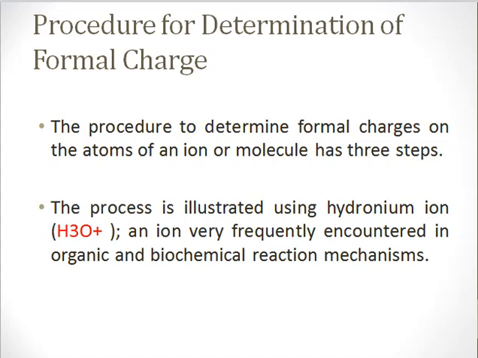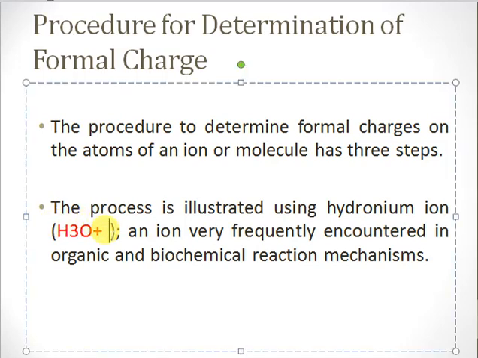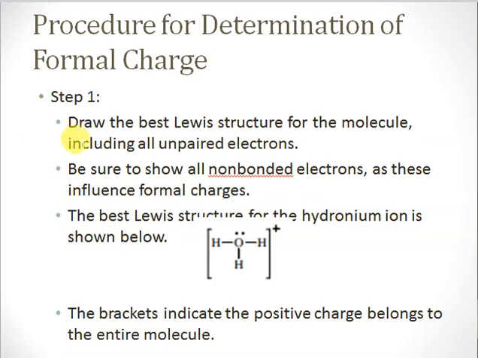Before starting the steps, let's take the example of a simple molecule, the hydronium ion, H3O+. You might have seen this ion very frequently in different organic and biochemical reaction mechanisms, right? So let's move to step 1.